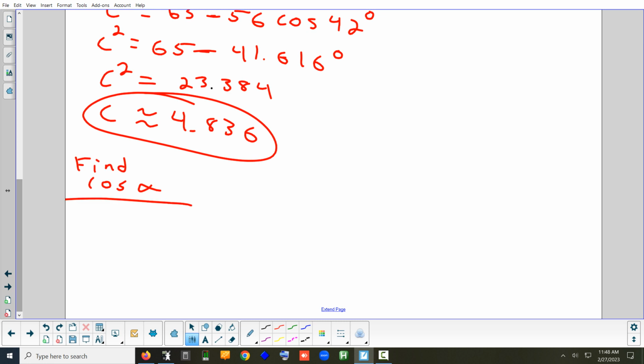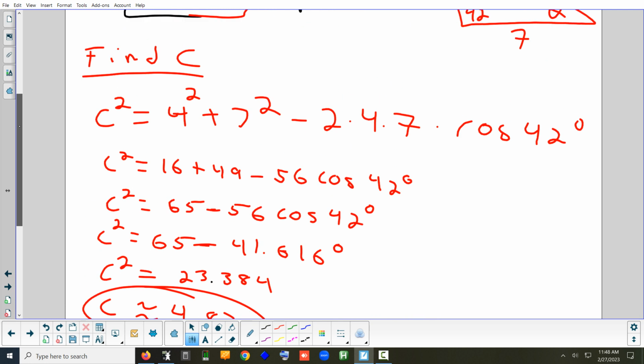Find cosine alpha. How does the version of the law of cosines that has alpha start out? A squared equals b squared plus c squared minus 2bc times cosine alpha. Yep, and now fill all that in.